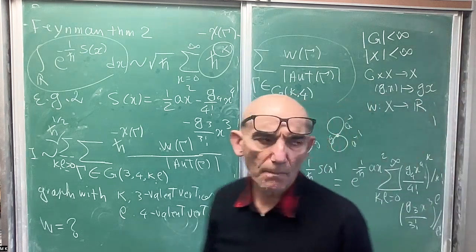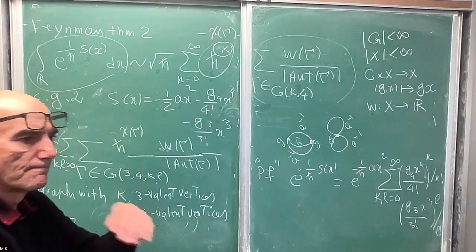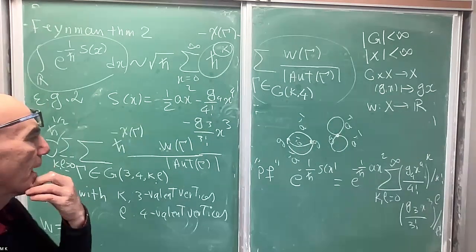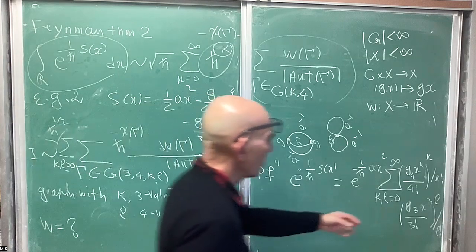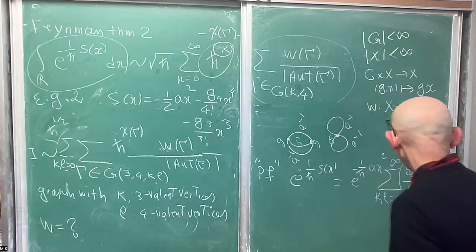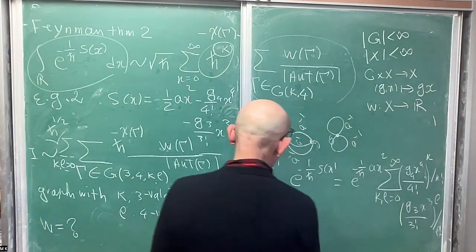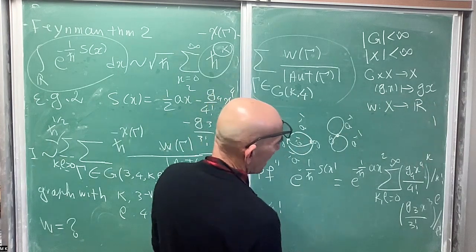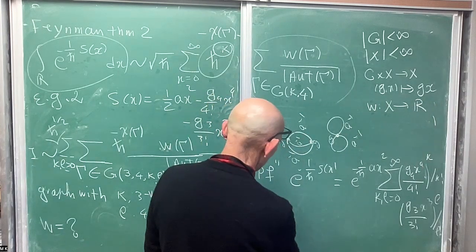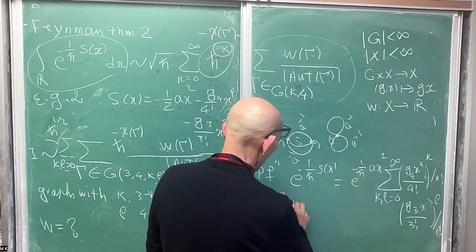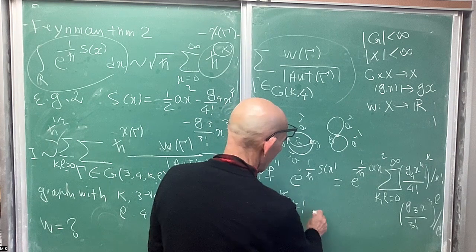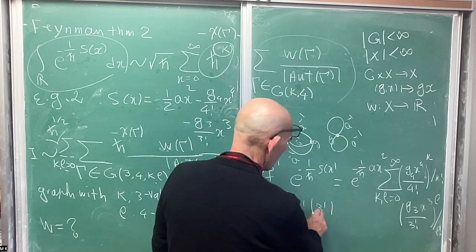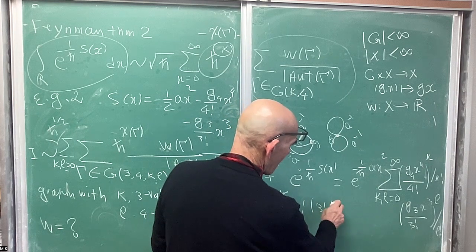Now, the thing is, the number that you get here is 4 factorial to the power k times k factorial, and then we have 3 factorial to the power L.